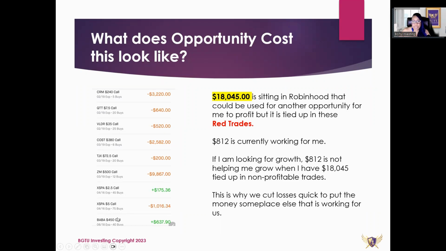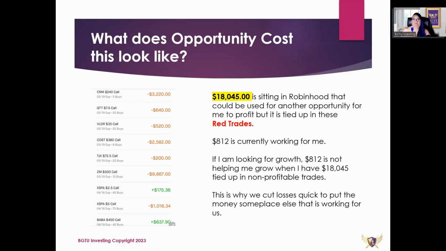And as you can see, I was holding some pretty hefty size positions in some of these contracts. This is the opportunity cost, because I'm looking at these red trades without a plan, trying to figure out what to do, and obviously I didn't do a good job of figuring it out.